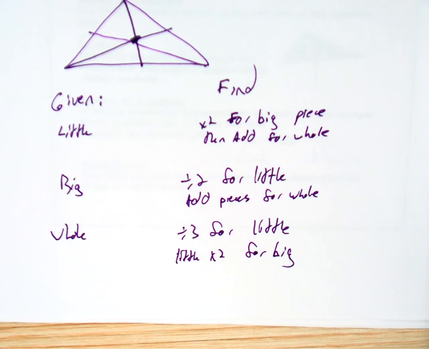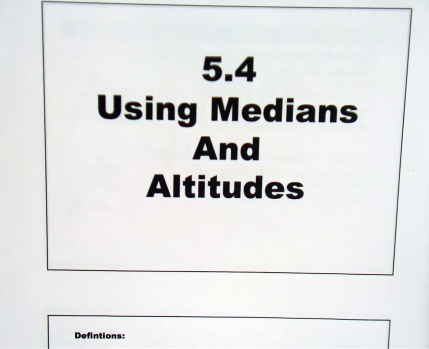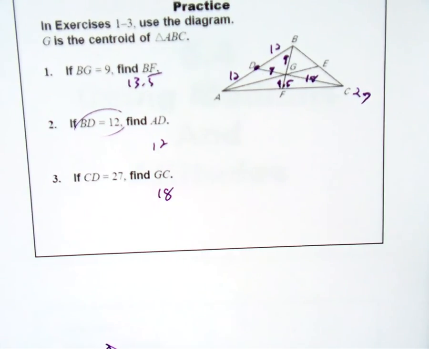Alright, there you go. Okay, as you can tell, the sub is probably playing this off of YouTube. So if this was too fast for you, or you forgot what you're doing when you get home, where could you find this? YouTube. Search for Handke Geometry, and whatever section this is, 5.4, Handke Geometry section 5.4, and you'll have all that there.